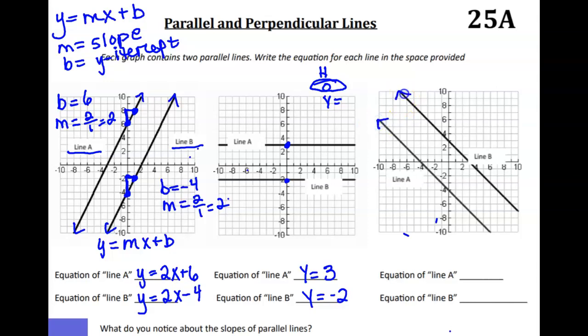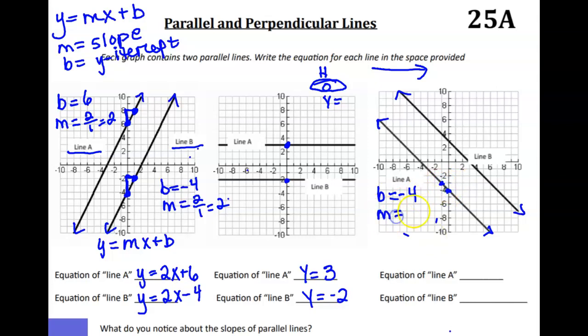Again, I'm going to add my little arrows. Just looking at them both, they're negative slopes. Remember, because slopes always read from left to right, we're going down. Let's start with line A and find our y-intercept. The y-intercept for line A is right here at -4. For the slope, we'll use this point right here, and we go up 1 to the left 1.